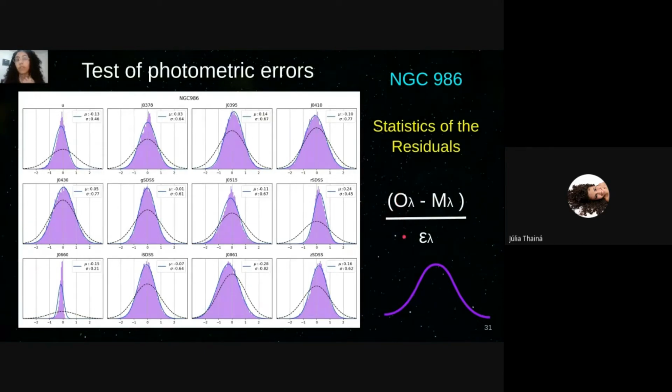If they were perfect, they should be like this black dashed Gaussian with mean 0 and standard deviation 1. Then we can see that the error is overrated by about 2. And this happens for all the galaxies, not just for this one.